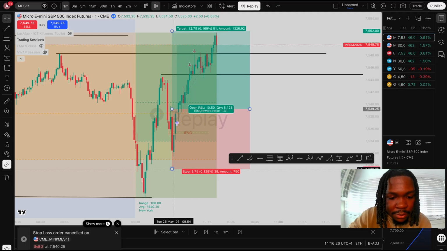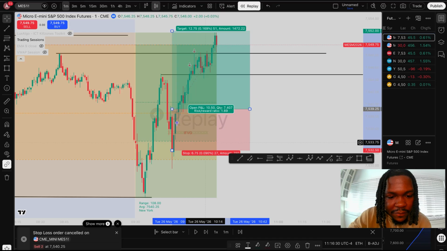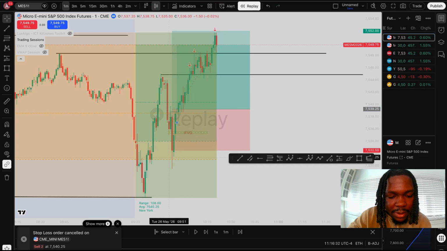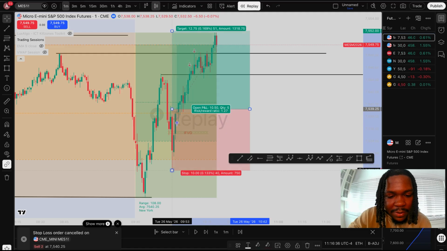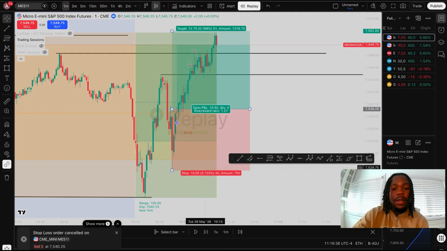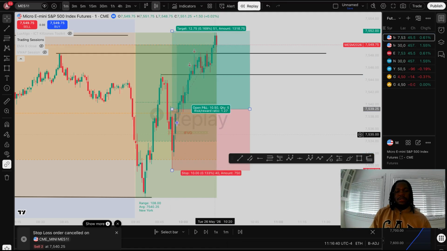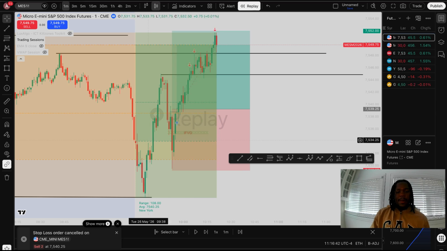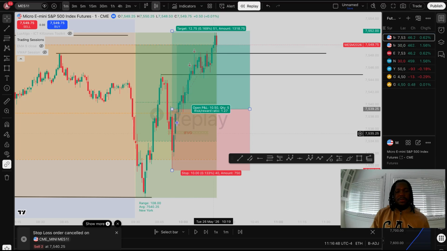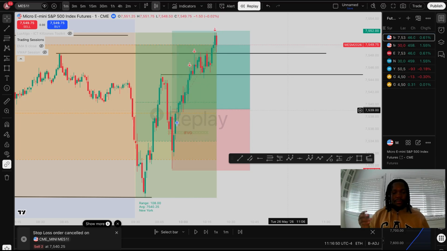Honestly, you could have put your stops underneath this inversion fair value gap, considering that price never returned to it. But I chose to be safe and put my stop all the way below that low, just in case price wanted to wiggle more and tap into this fair value gap again, or tap into this wick to push higher. But that pretty much concludes the trade recap.